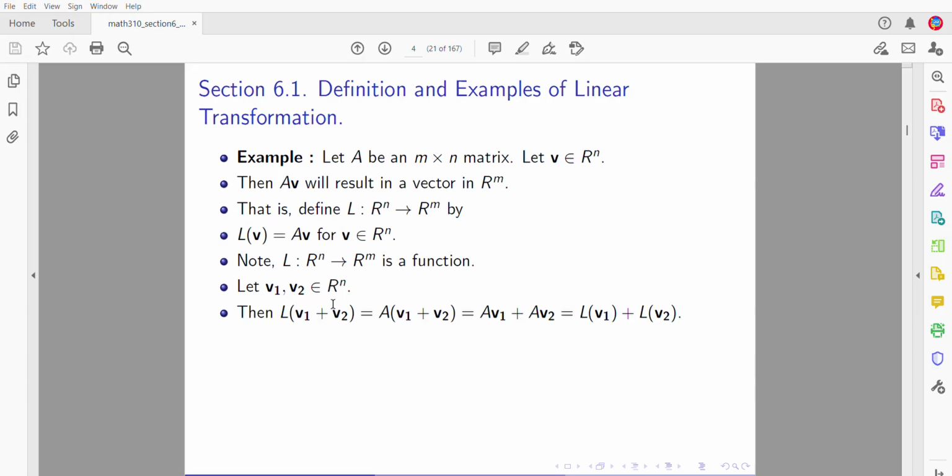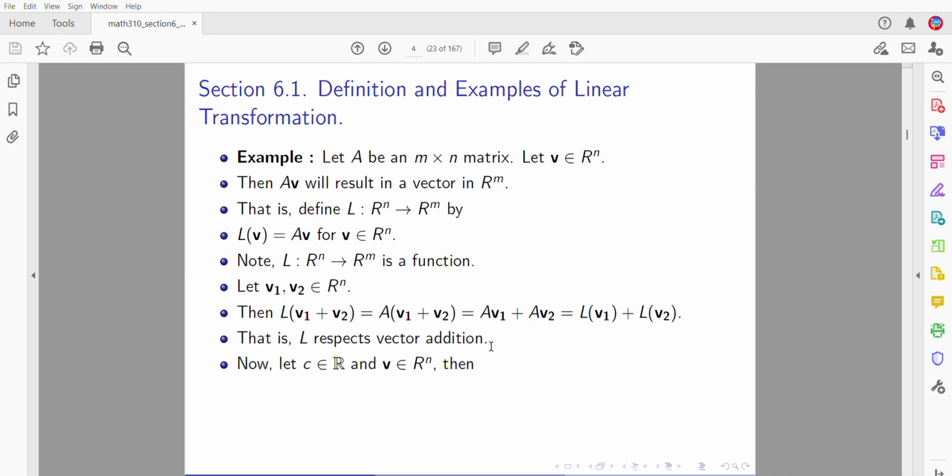We have defined L as multiplication by A. So it is A times v1 plus v2, which is A v1 plus A v2. A v1 is L v1, A v2 is L v2. If you remember, matrix multiplication distributes. So L of v1 plus v2 equals L v1 plus L v2. That is, L respects vector addition.